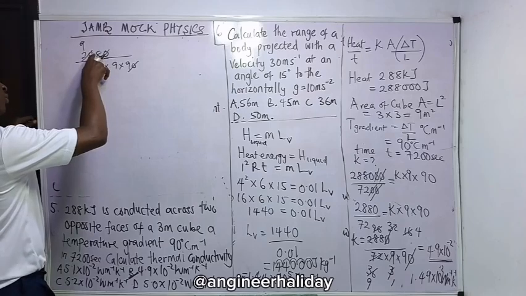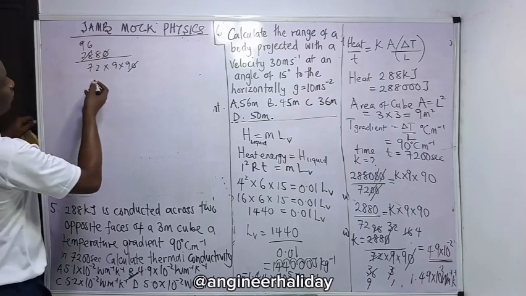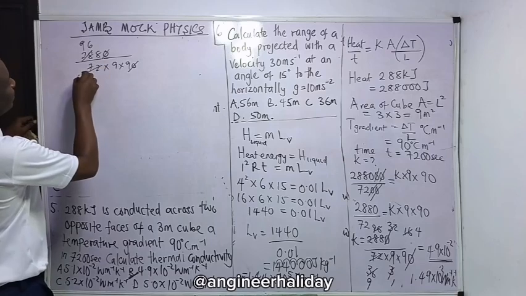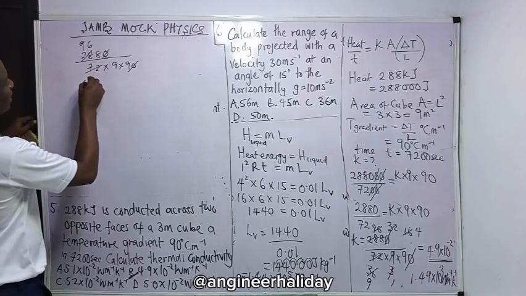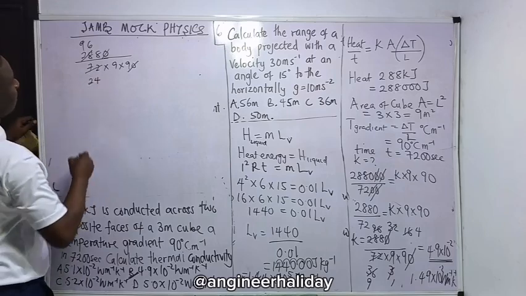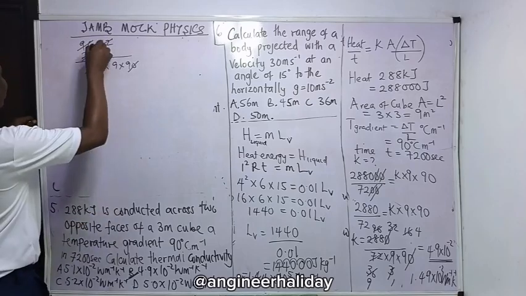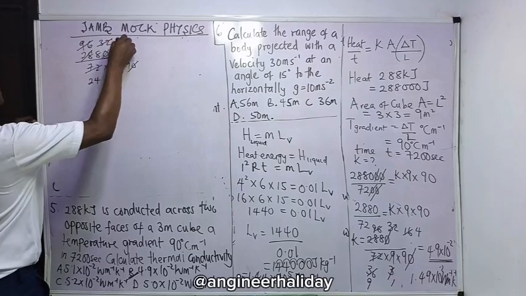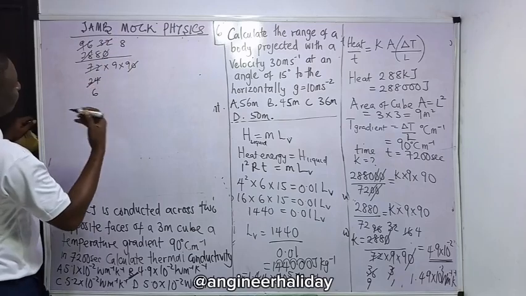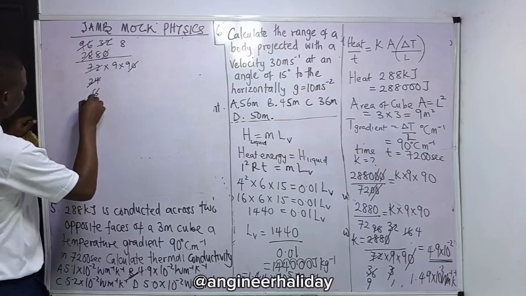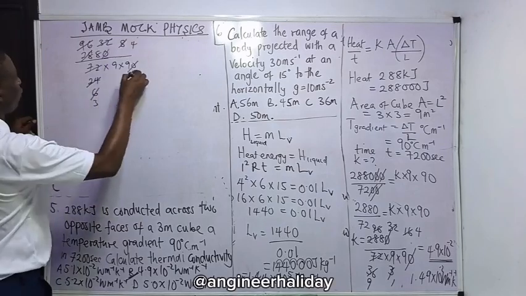Then you add 1 to 96. So if you do that, maybe like 3 here, you are going to have it as 24. Then 3 here, we have 32. Then you can see 4 here, you're going to have 8, 4 here, you're going to have 6.